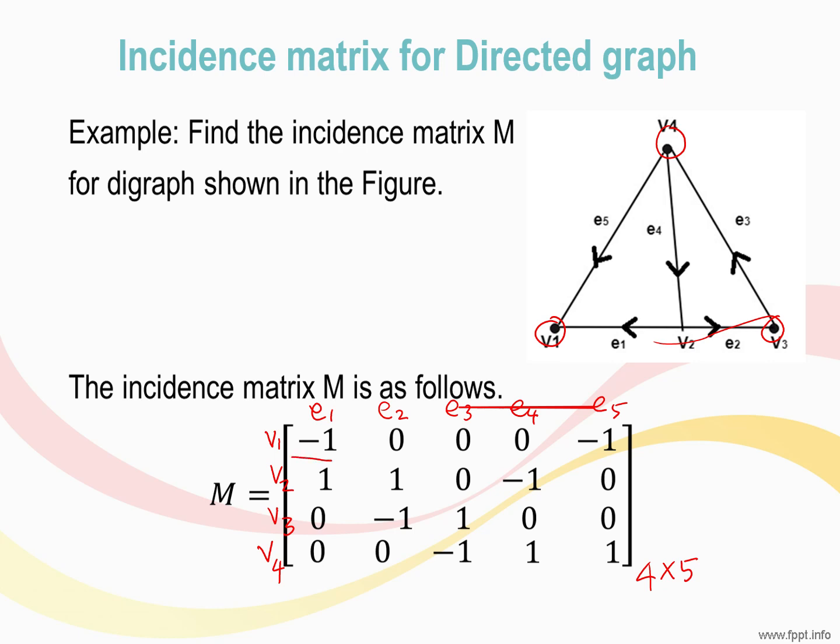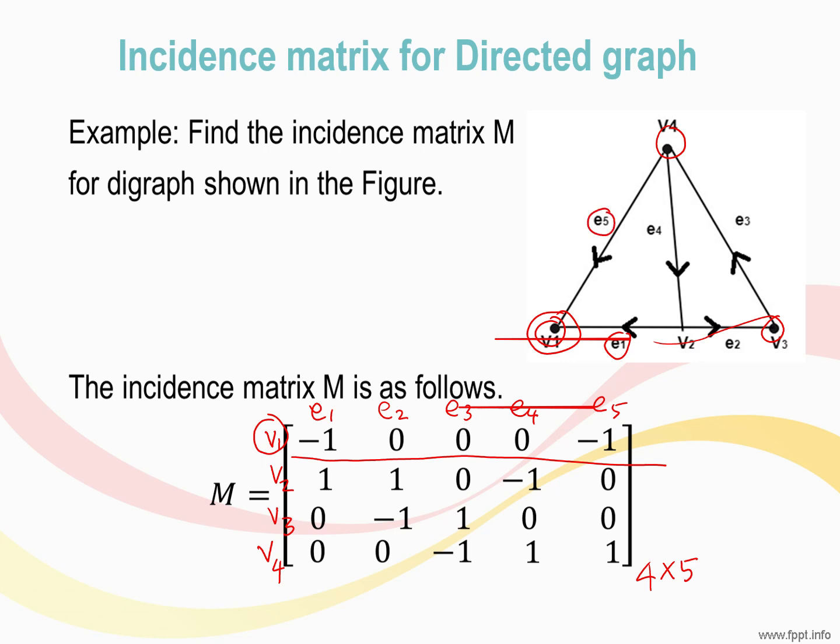Now look at the first row of this matrix. Let's see how to determine the entries of this first row. We are focusing on the first vertex V1. Look at the graph. This is the vertex V1, and as you can see, V1 is incident to only 2 edges, that is E1 and E5.